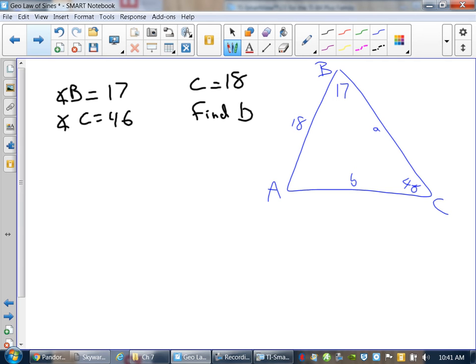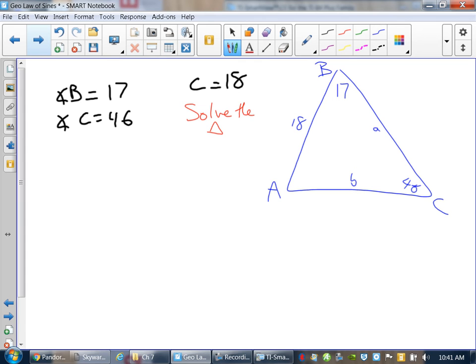Now, once again, how many degrees are in a triangle? 180. If I back out the 17 and the 46, what am I left over with then for angle A? Solve the triangle.